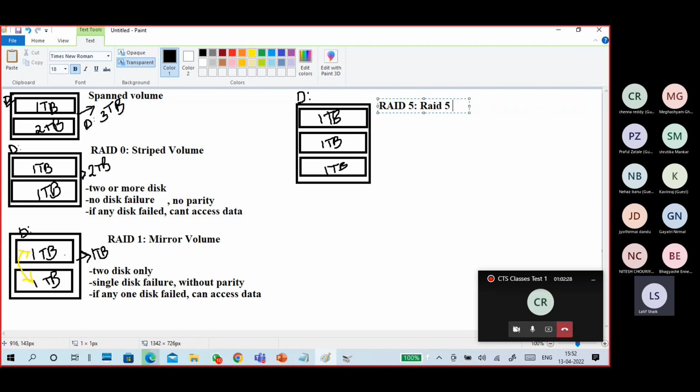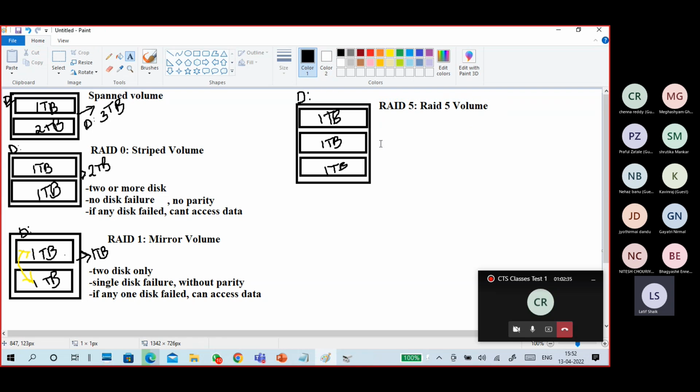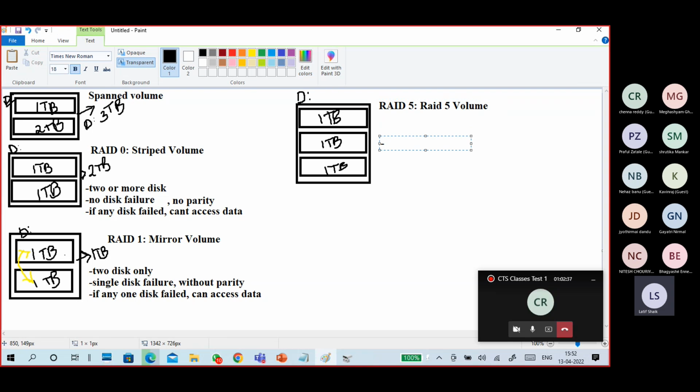We use at least 3 disks, 3 or more disks. You have to use it. Next, it is also a single disk failure tolerance.